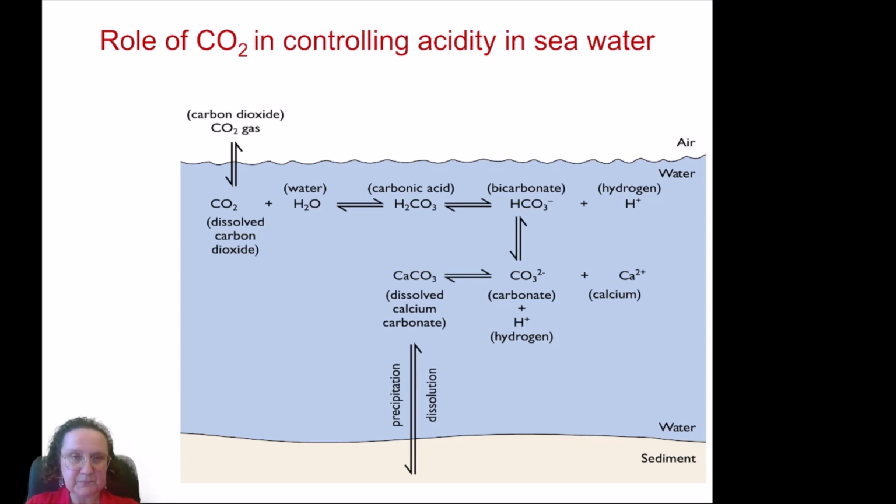And this is a slide which shows how the different forms of carbon, as CO2 gas, CO2 dissolved in water, CO2 reacting with the water to form carbonic acid, and then having these acid-base equilibria and forming the hydrogen carbonate and the carbonate, and maybe reacting with other ions in solution to form a salt like calcium carbonate that, if you make enough, will precipitate and you will have solid calcium carbonate.